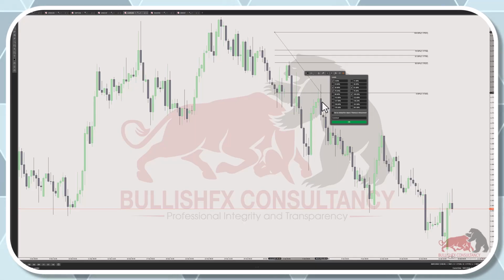I'm going to remove that because that's too little of a retracement for me to consider a continuation of a trend. Then we've got the 62% retracement level, which is 61.80, rounded off to 62%. Then we've got the 76.40. Then we've got the 100% retracement level. These are your retracement levels.